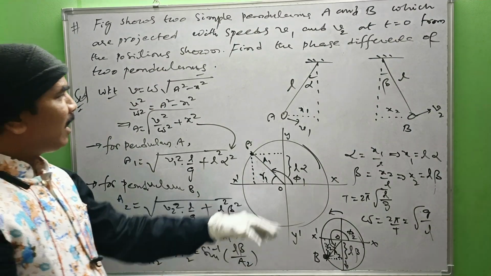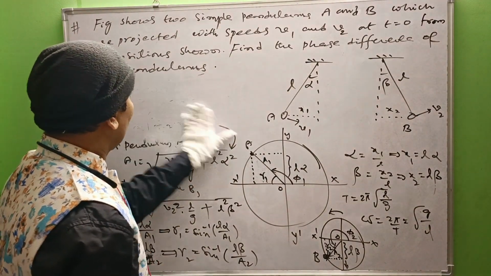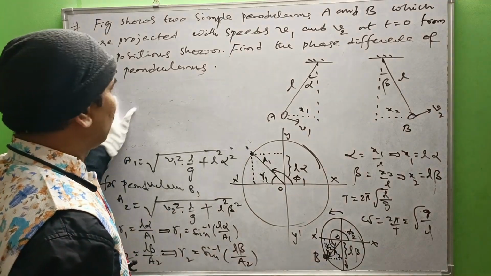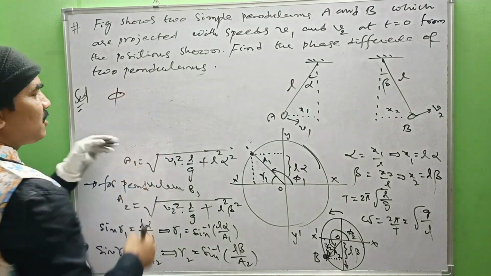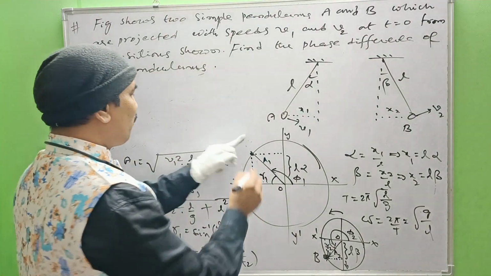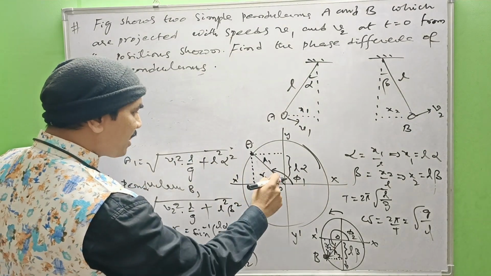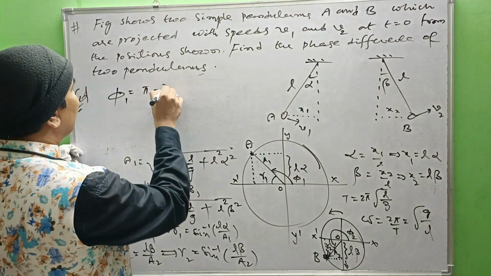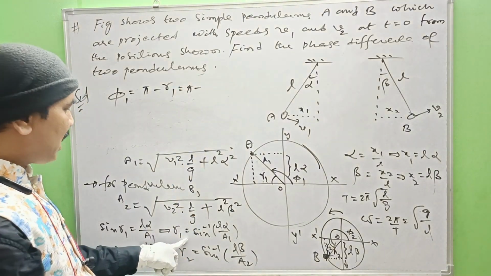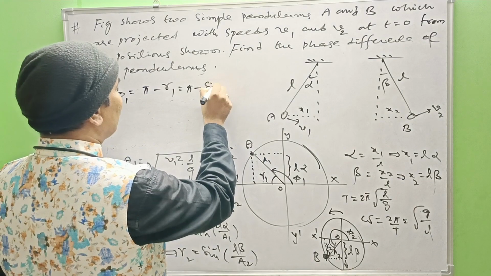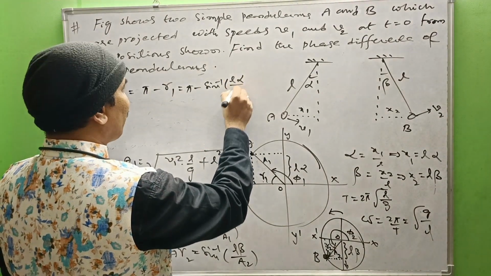Now what is phi 1 and phi 2? See here, phi 1 in the sense 180 minus gamma 1. So the phase acquired by pendulum A, that is phi 1, equals 180 minus gamma 1, that is pi minus gamma 1, in the sense pi minus sin inverse L alpha by A1.